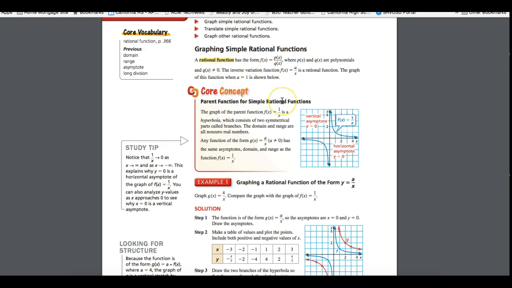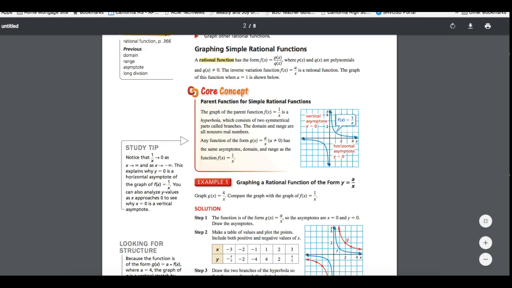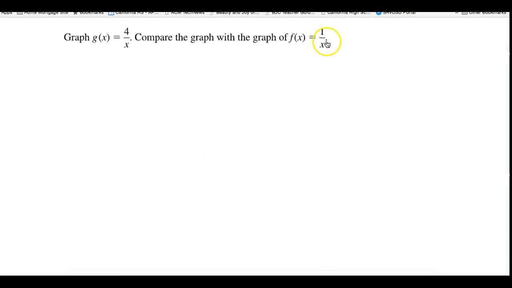When we look at a simple rational function, we look at 1 over x as probably the simplest rational function you can have. So in this problem, we want to graph 4 over x and then compare that to the graph of f of x equals 1 over x.